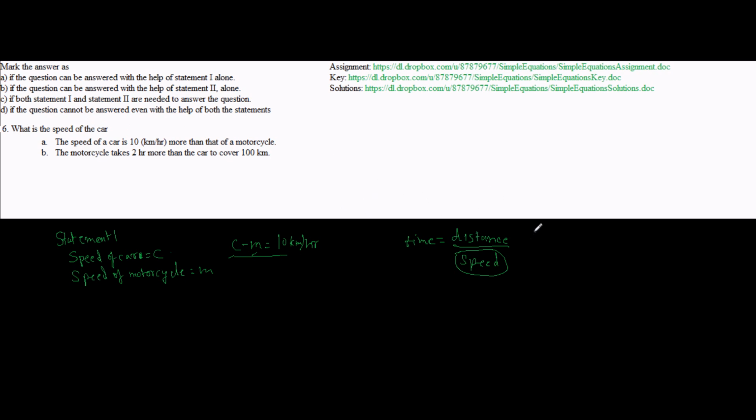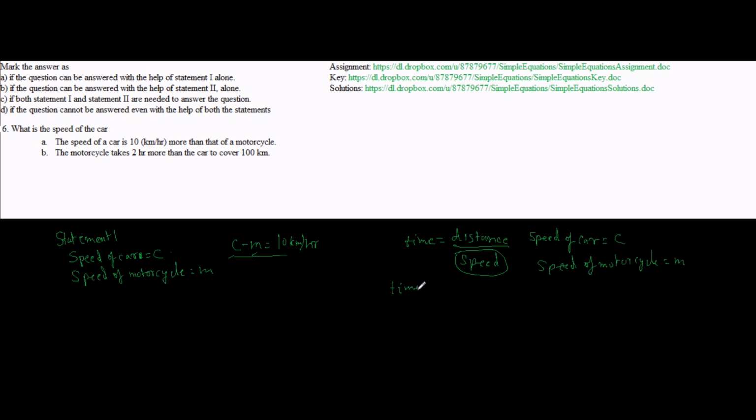So once again, speed of car and motorcycle are unknown here, I would take speed of car equal to c and speed of motorcycle equal to m.